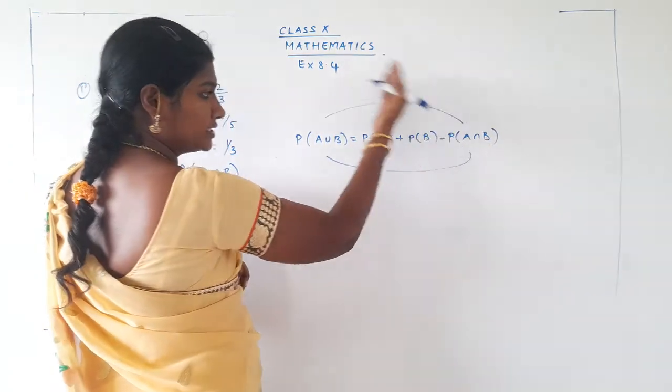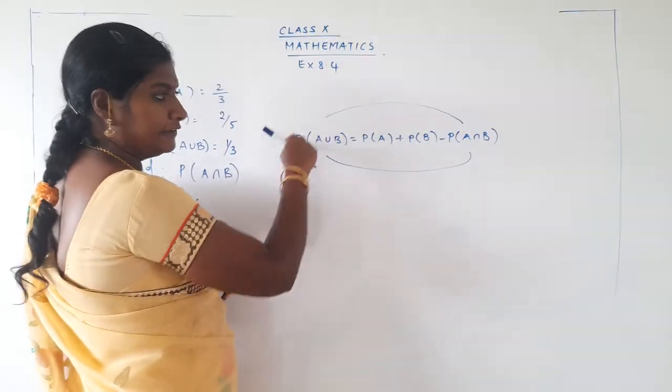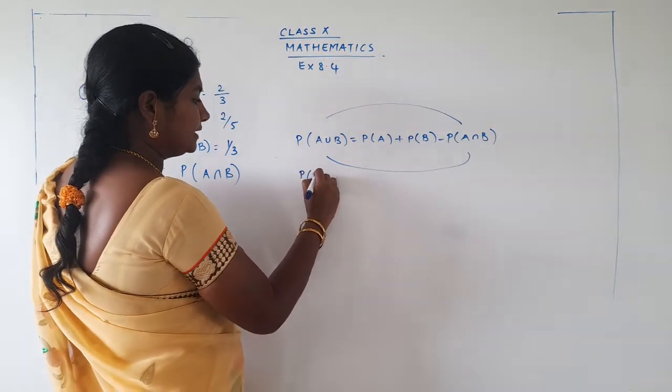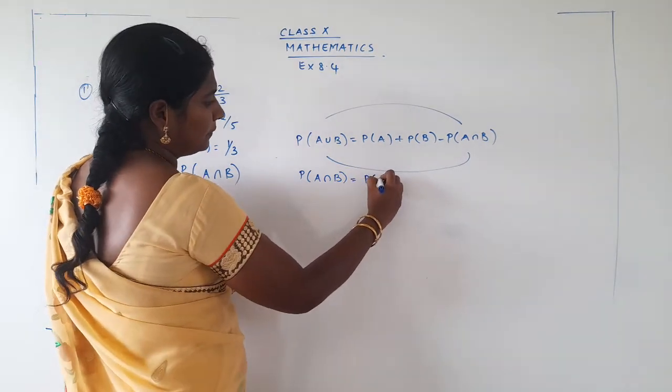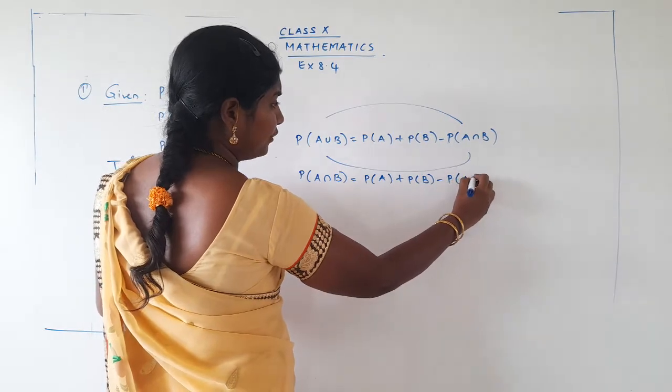I can take this to the side because this is minus, it will turn to plus, and this is plus, it will turn to minus. So you make it here P of A intersection B is equal to P of A plus P of B minus P of A union B.